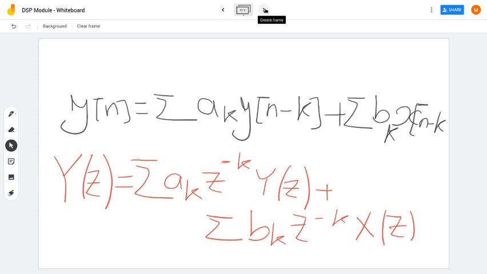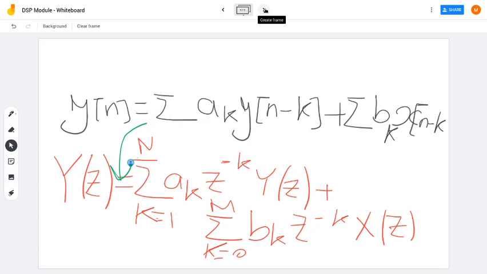Now this summation is over variable k going from 1 to N, and this summation is on variable k going from 0 to M. So now Y of z does not depend on k, so we can move it out of the summation.